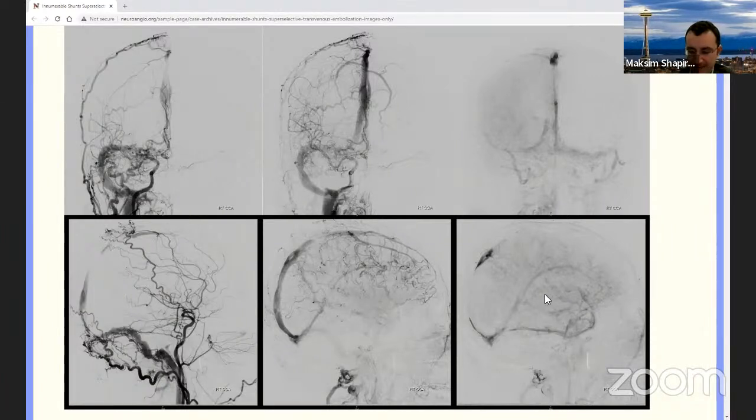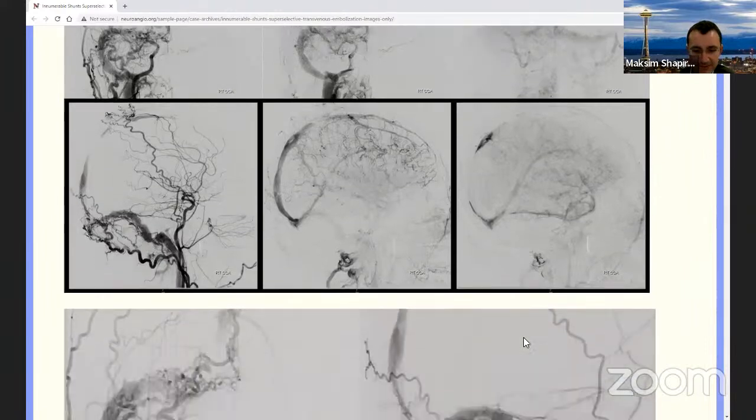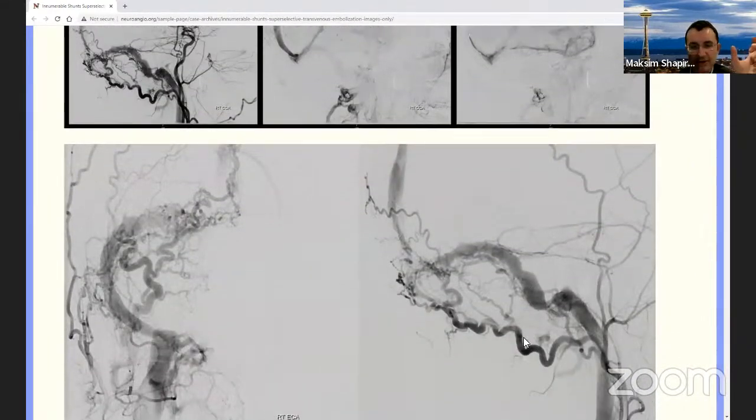This guy doesn't have that. So you see, despite all of this congestion, he continues to drain. He tries to drain the superficial Sylvian system down into this area because he just doesn't have a good option, which explains in many ways what the issues are.